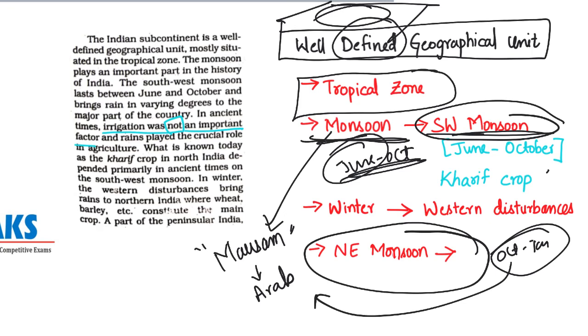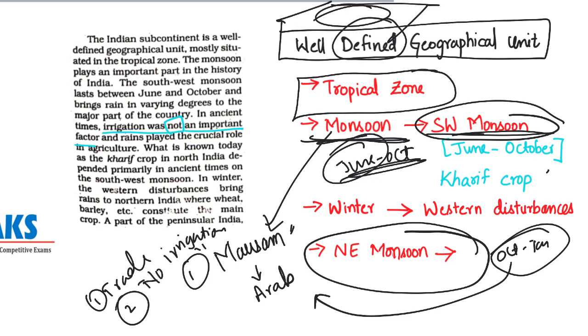And this monsoon is again important, not only because it allowed trade, but the second most important thing is that there was no irrigation during that time. At that time India was mainly an agricultural country. So the monsoon played an important role in agriculture, right? Today what we grow as a kharif crop in North India depended primarily on the southwest monsoon in ancient India, right?